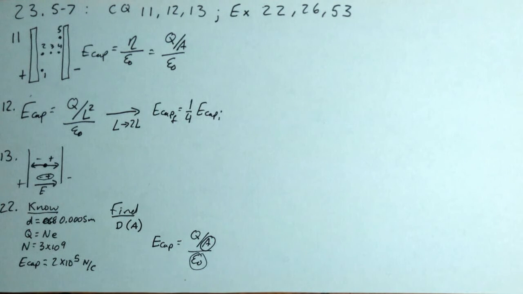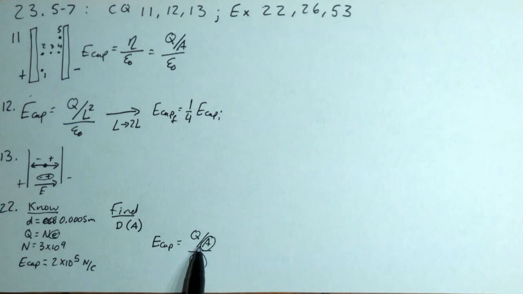You can find the value of this constant, 8.85 times 10 to the -12. That's in the front of the book. And again, the charge of an electron given by the variable lowercase e, that's 1.6 times 10 to the -19 coulombs. You can find that in the front of the book. Okay, go ahead and solve for this area.